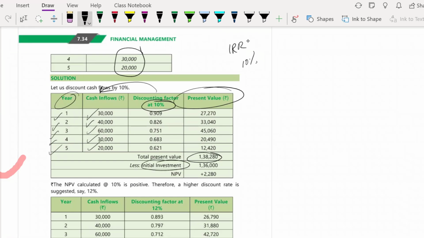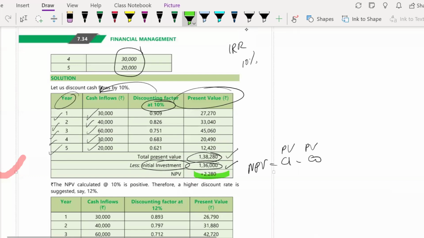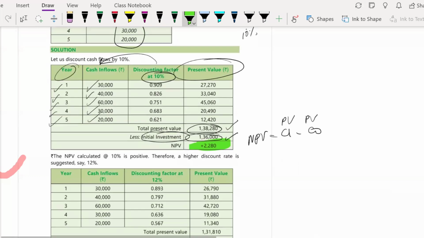Your initial investment is 1,36,000. So NPV is the present value of cash inflow minus the present value of cash outflow. You do 1,38,280 minus 1,36,000, so you get an NPV of 2,280. At 10%, you have got a positive NPV of 2,280.